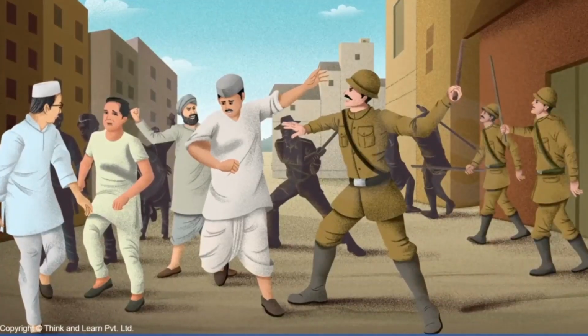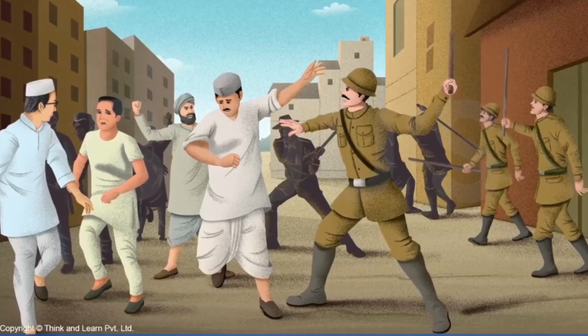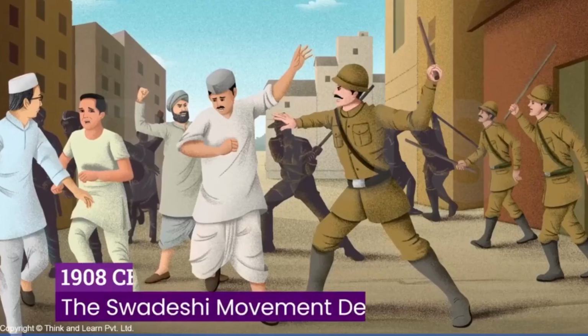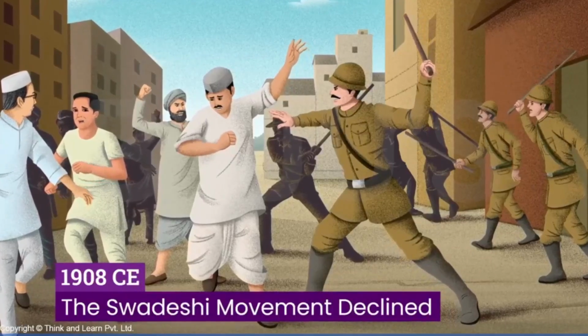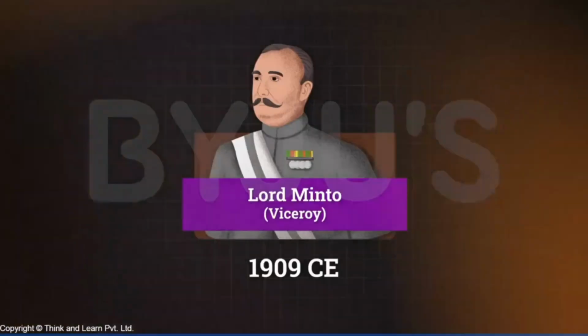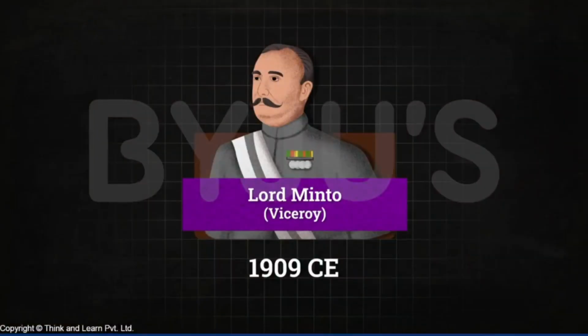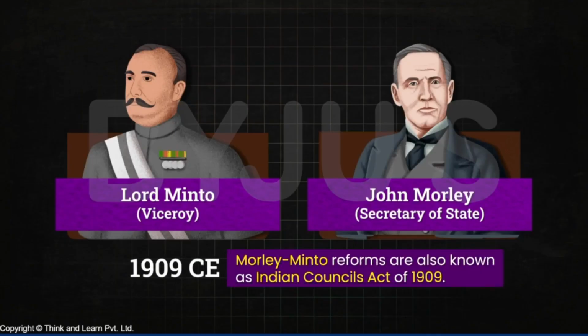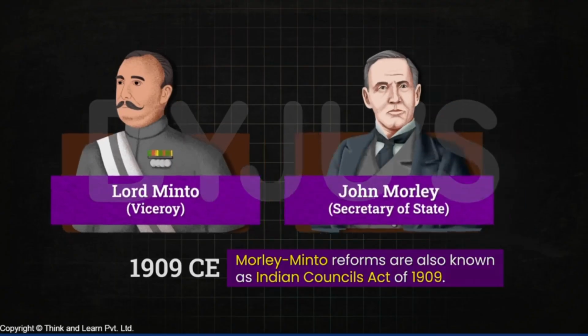The British responded to the Swadeshi movements and the split with lathi charges and detention, due to which the Swadeshi movement declined by 1908. Further, in 1909, Lord Minto, the Viceroy, and Secretary of State John Morley worked out a plan to gain support of the moderates and the Muslims. This plan is widely known as the Morley-Minto reforms.